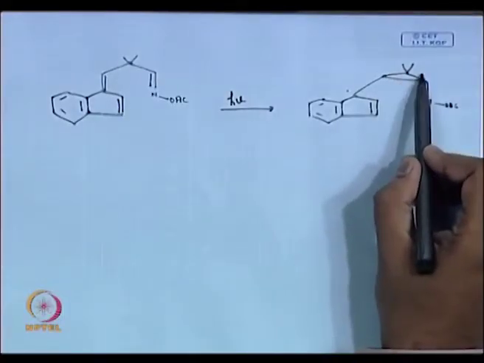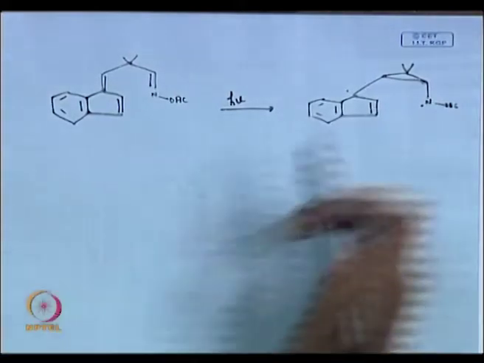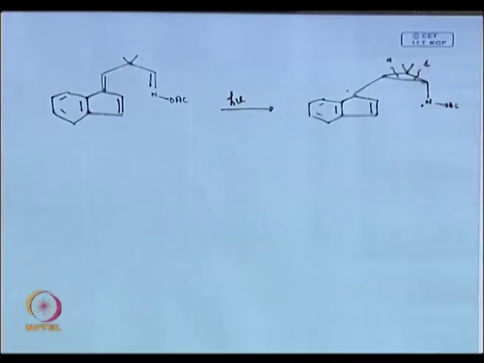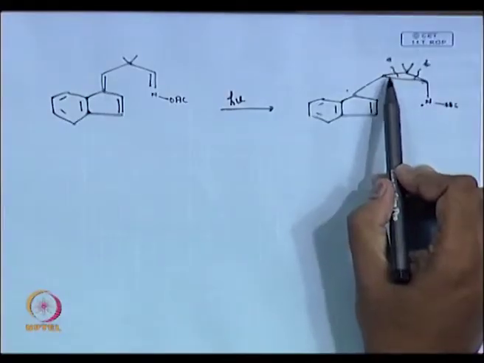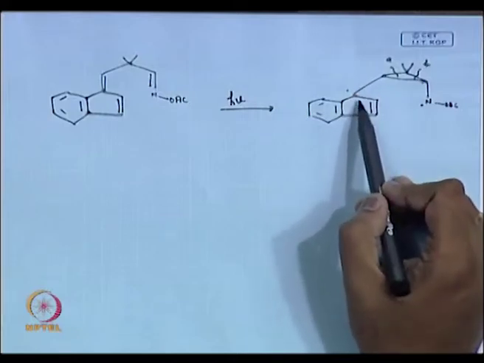Now, which will be better to cleave? You have this direction, you can cleave A or B, right. Which would you like to cleave? You have a choice of cleaving A, you have a choice of cleaving B. See, if you cleave this bond A, you are going to end up with an alkene system across your cyclohexanol.